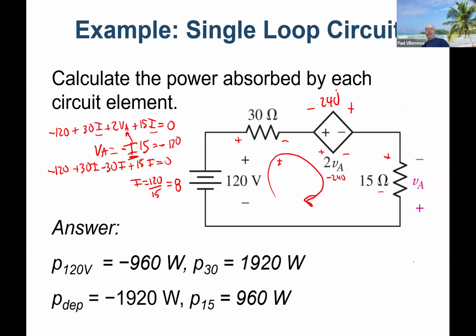Now I go 240 times 8, and I get 1920, but I'm supplying, right? A negative number. And then I'm going to go ahead here and do 8 I squared, 64 times 15, and I get 960 watts. All right. So the whole focus of this problem is right here, the dependent source. Very, very important that you see how to do dependent sources. Just add an additional equation.